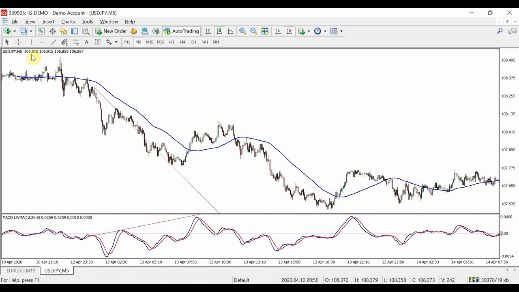I'll draw this line here and move it across, and we can see the crossover happens around this area. On the close of this bar here, I would enter short, and then hopefully price will continue in my direction. As you can see in this example, it does quite nicely. So that's the first reason why I like to use the MACD as my oscillator of choice.